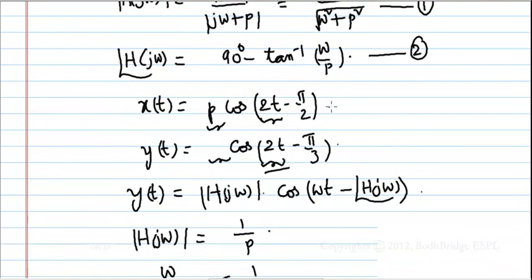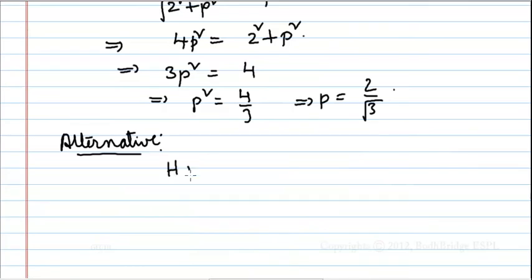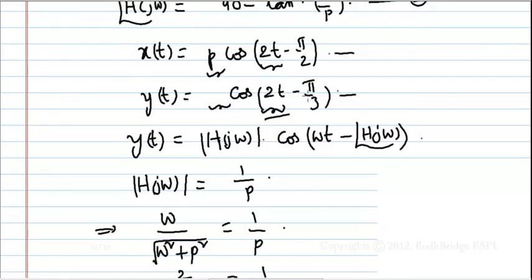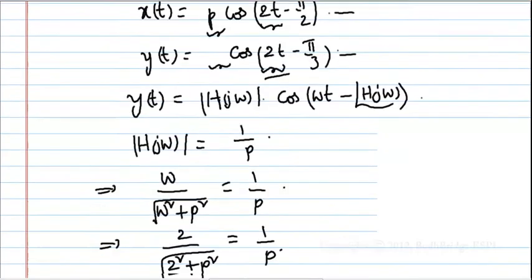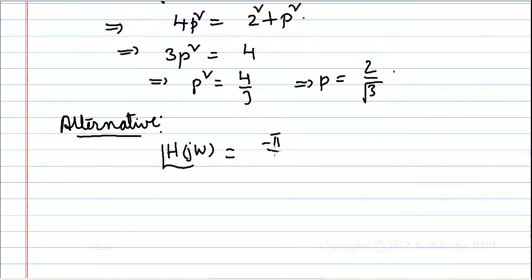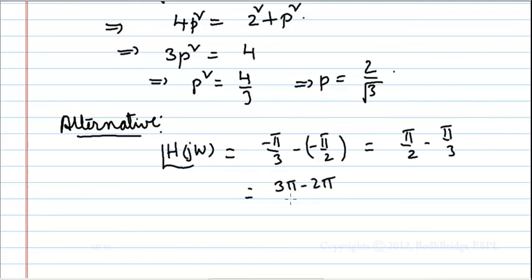Here the phase of the input is −π/2 and the phase of the output is −π/3. So the angle of H(jω), which is the change induced, is −π/3 minus (−π/2), which is π/2 − π/3, which is (3π − 2π)/6. It comes as π/6.